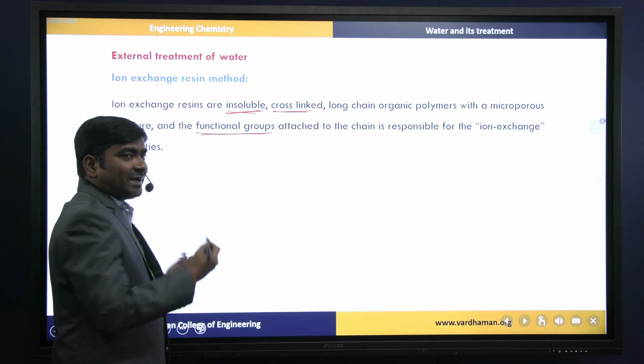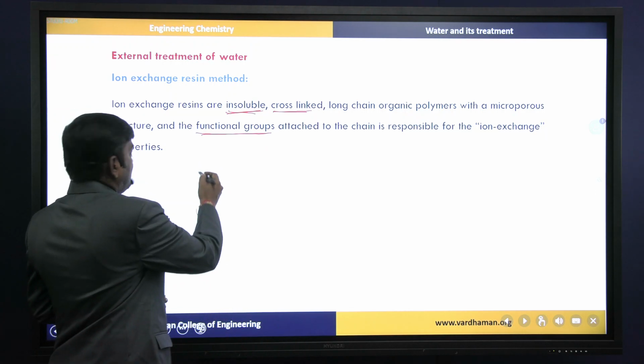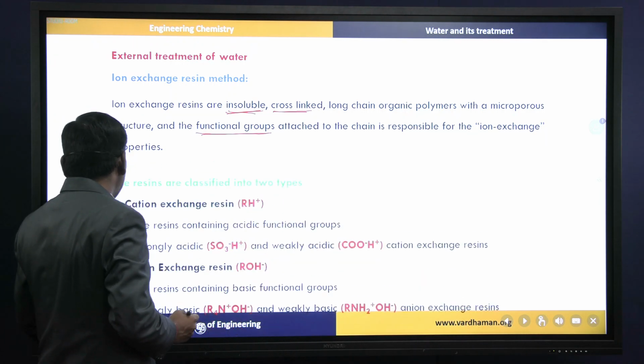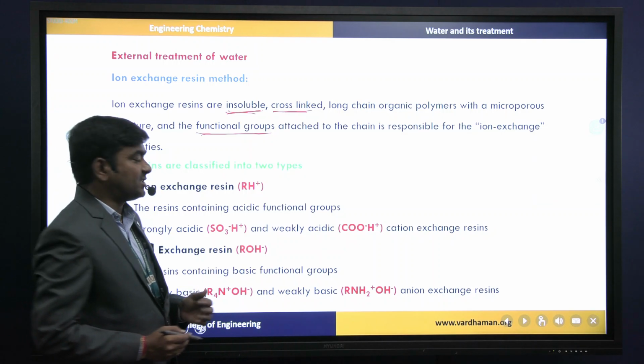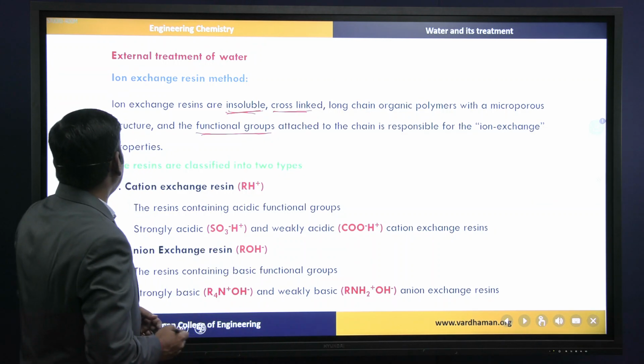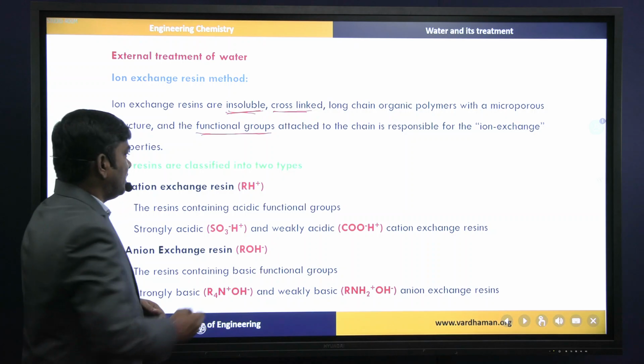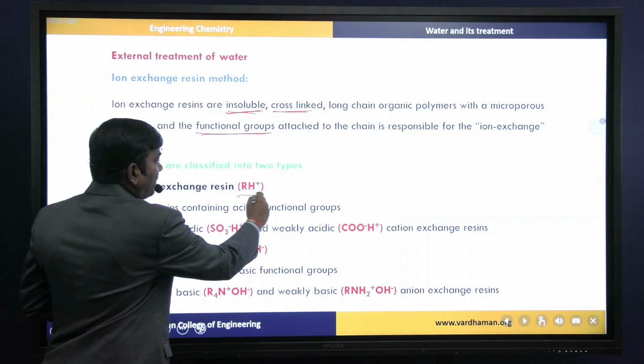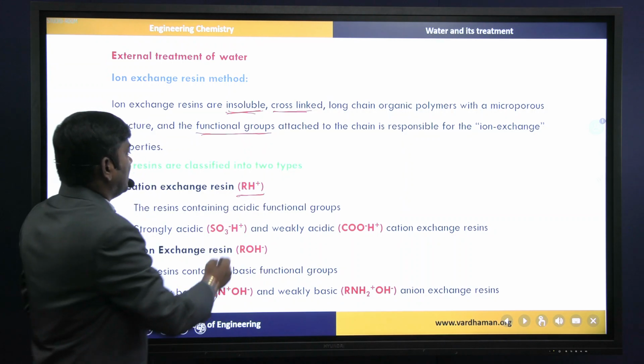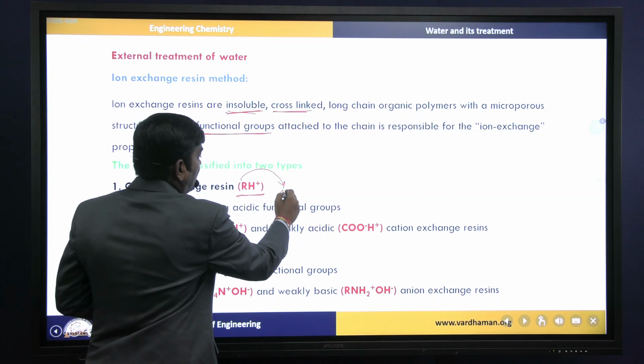So particular functional groups are there. For cation exchange, acidic functional groups, and for anion exchange, basic functional groups are there. The cation exchange resin is abbreviated as RH plus, right. Here R means organic polymer.